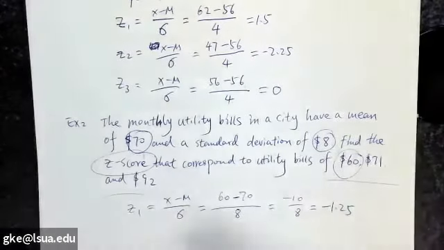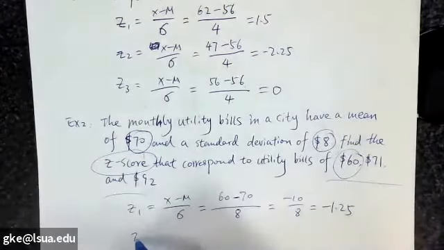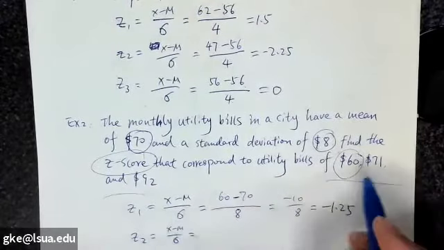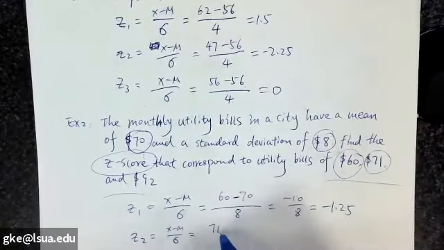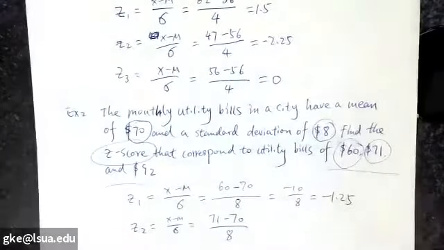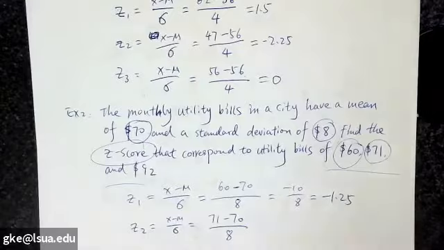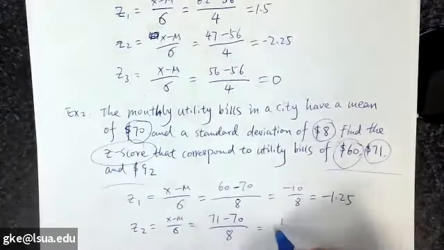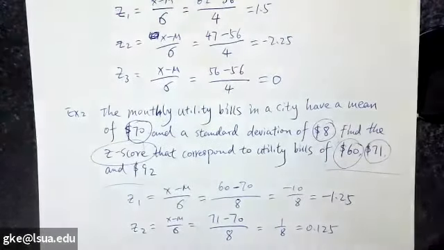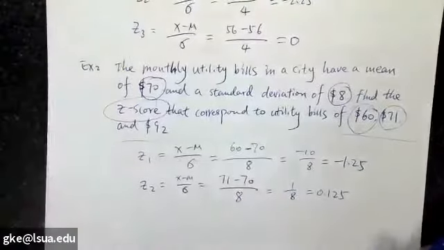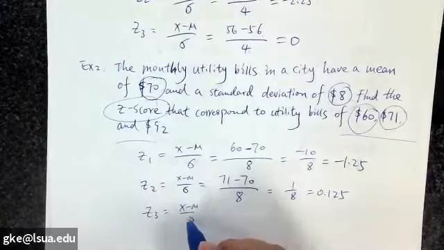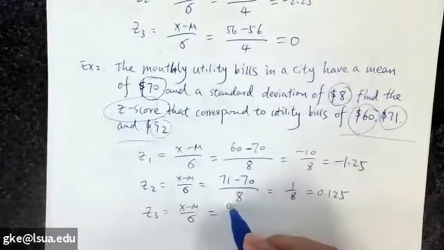So that's the first z-score. And the second one, we're going to have 71 minus 70 divided by 8. This gives you 1 divided by 8 equals 0.125. And the third one, we're going to calculate for 92. The same thing.